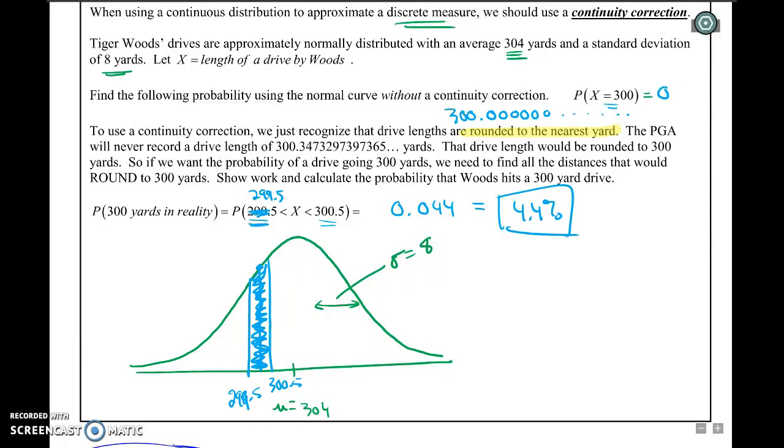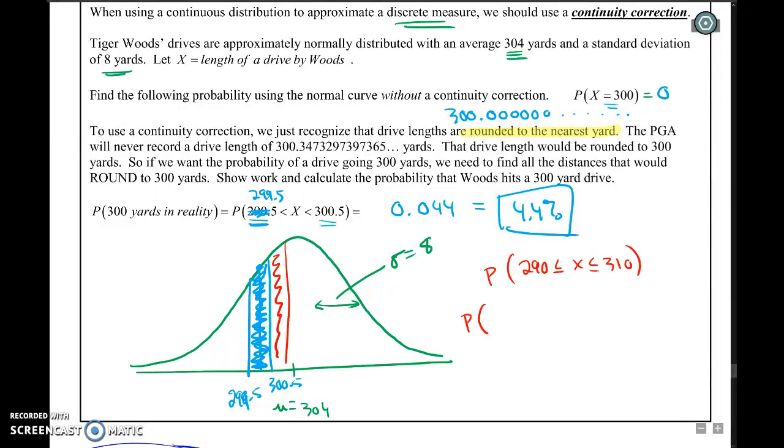And then you could find any single value by just taking this band of all the numbers that would round to whatever that value is. And if you wanted to find a range of values, like the probability that he hits a drive over 300 or between, let's say, 290 and 310, to do that, I would round this one down.